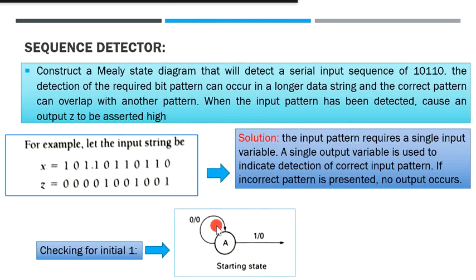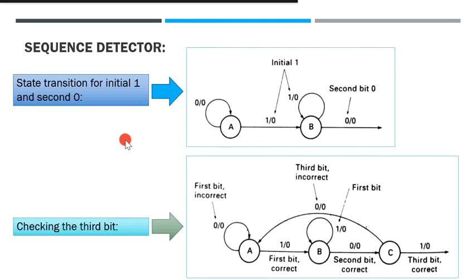If 1 occurs, then the machine will change its state from A to B, and if 0 occurs, it will remain in state A itself for the first input 1. Next, to check the second bit.